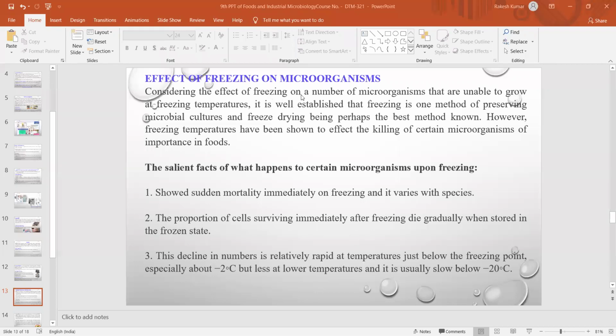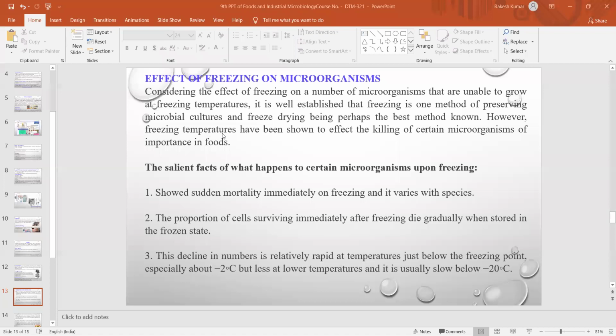Considering the effect of freezing on the number of microorganisms that are unable to grow at freezing temperature, it is well established that freezing is one method of preserving microbial cultures, and freeze drying is perhaps the best method known. So we generally use the freeze drying process, and for preserving our microbial cultures, we simply place those cultures inside a refrigerator to preserve them for a longer period.